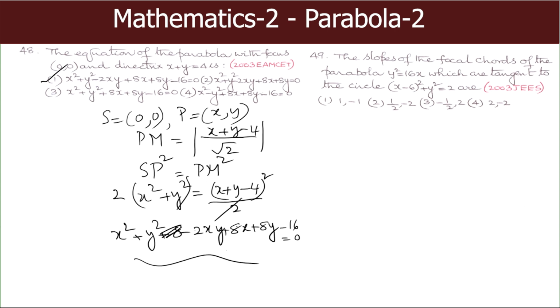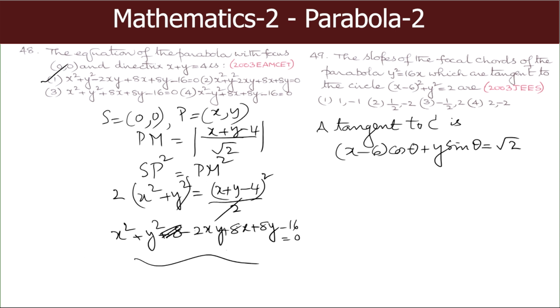Any tangent to the circle is, C means circle, P means parabola. x minus 6 into cos theta plus y sin theta equal to the radius, root 2. Radius of the circle is root 2. It is in the form x minus x0 whole square plus y minus y0 whole square equal to r square. r square is 2 here.